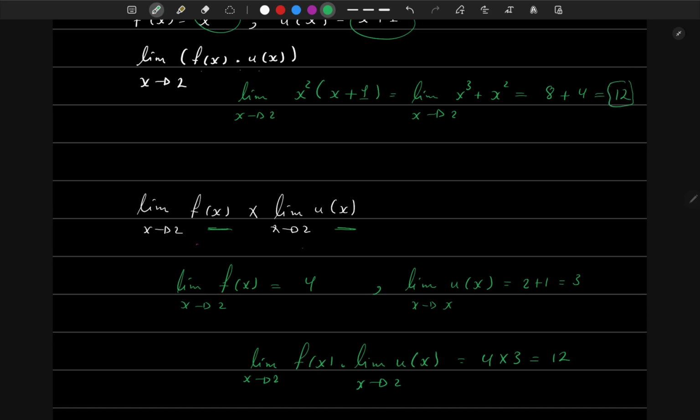So when you're dealing with polynomial functions, also the limit of the product of 2 functions or 3 functions or 4 functions or 5 functions is the same as finding the limit for all of those functions and then multiplying them by each other, provided that x approaches the same value in all of them.